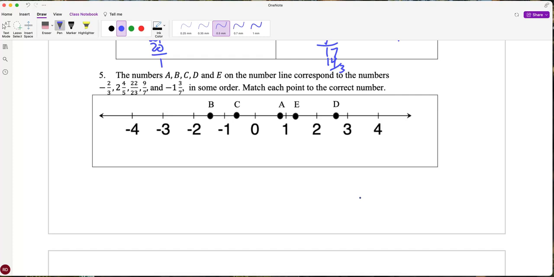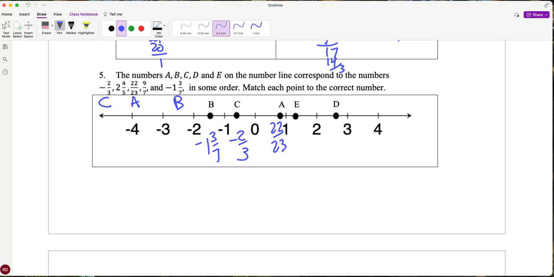Find these numbers on the number line. Negative 2/3, negative 1 3/7. So this one is negative 2/3 right there. And then negative 1 3/7 is B. The only number between 0 and 1 would be this guy, 22 over 23.